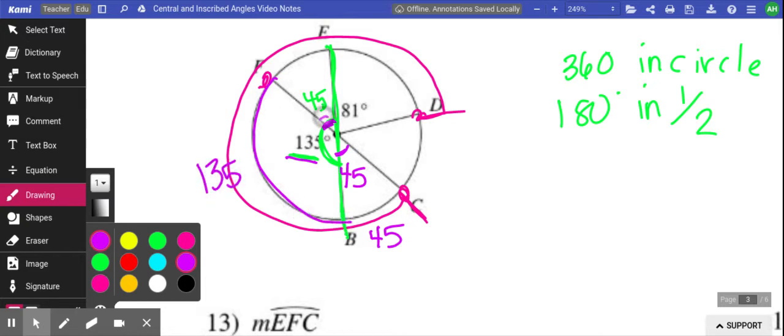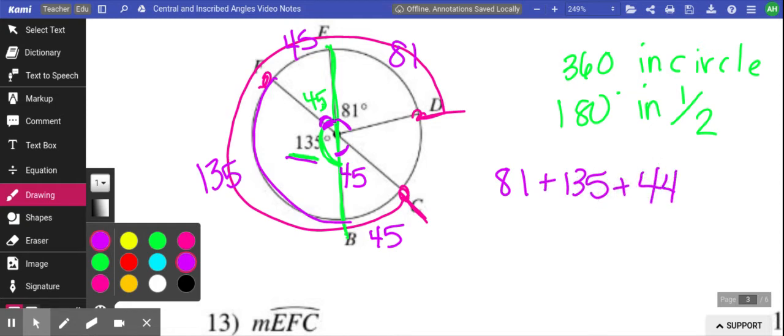If this is 45, this is 45. And if this is 81, this is 81. And that's what we're trying to find. So we're going to take 81 plus 135 plus 45 plus 45 plus 45. Then you can go ahead and put that in your calculator and find that one.